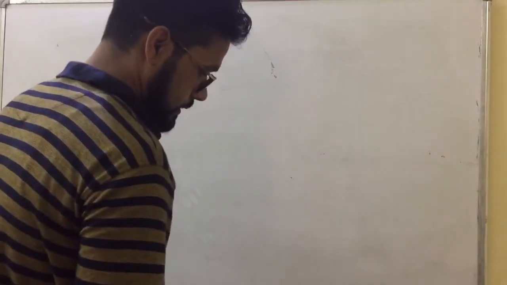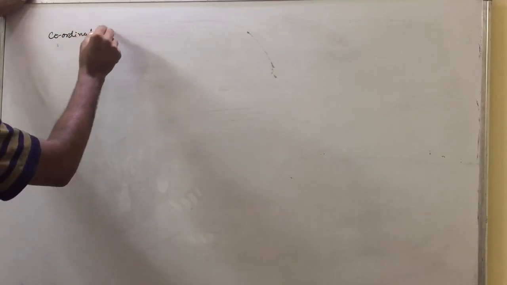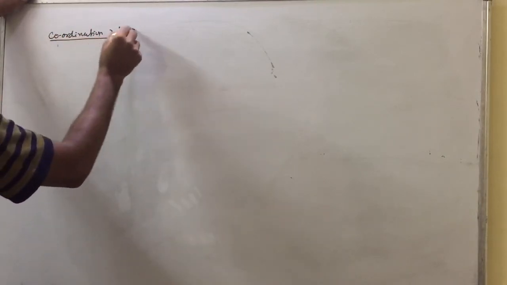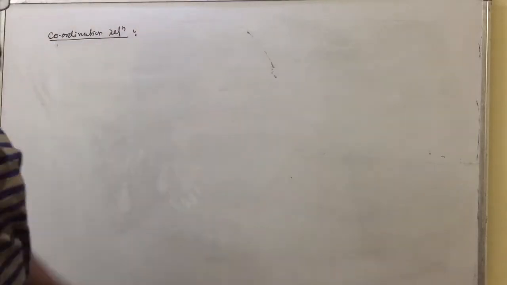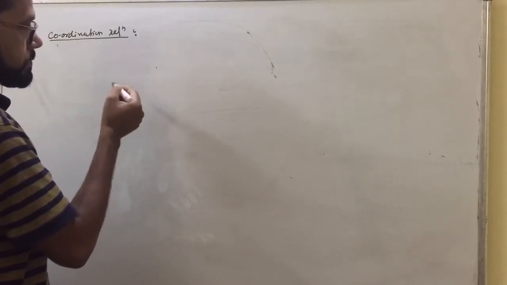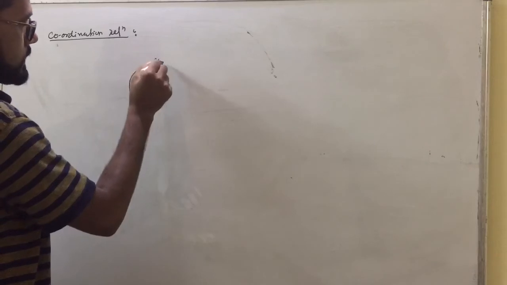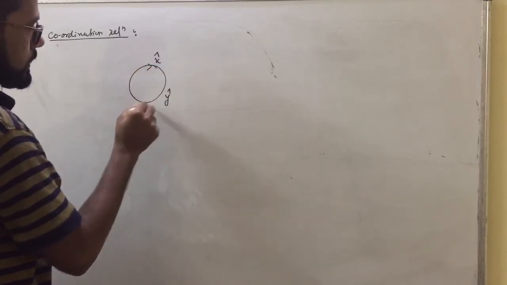Now, if we do one or two calculations, first the coordinate relations. These will help you understand the mechanism of how an electromagnetic wave moves. In the Cartesian coordinate system, we have x cap, y cap, z cap.